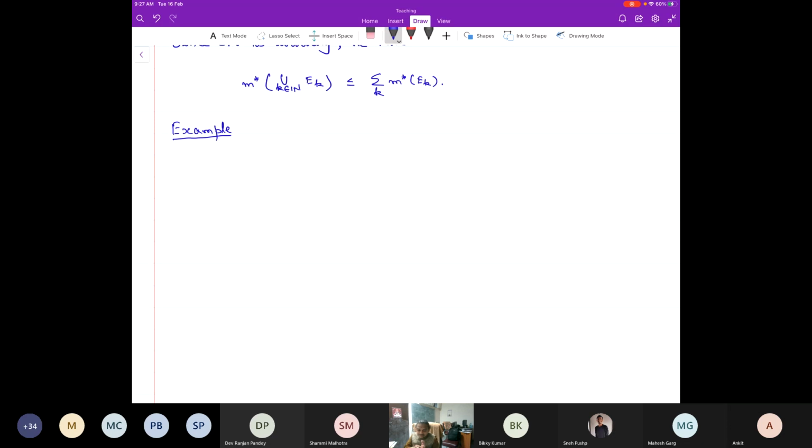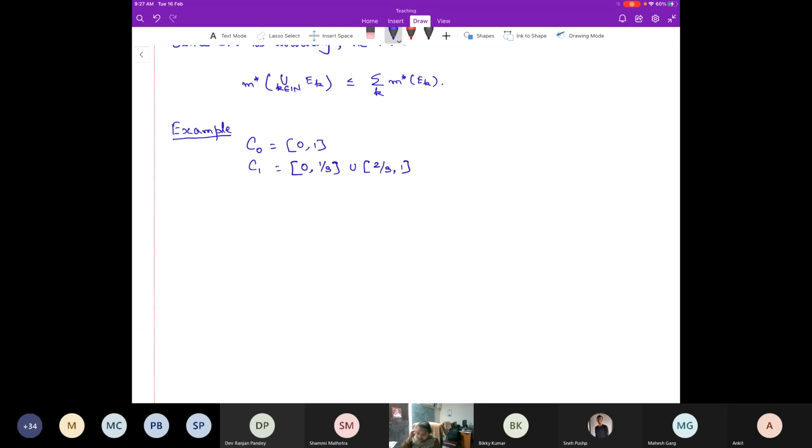Right. So let me repeat. Consider the unit interval, which I am calling C0, 0 to 1, and then you split it into 3 parts and then remove the middle one-third, leaving 0 to 1 by 3, union with 2 by 3 to 1. Fine.